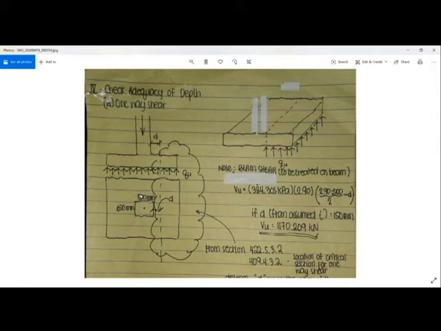If you look from the top, this is what you're going to see. So you have your 500 millimeter by 500 millimeter column there.